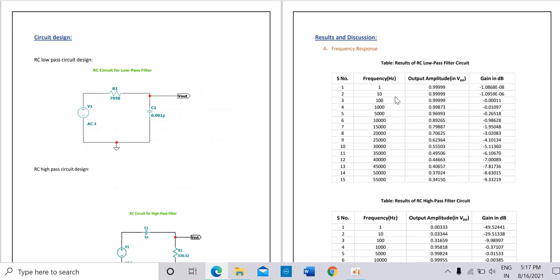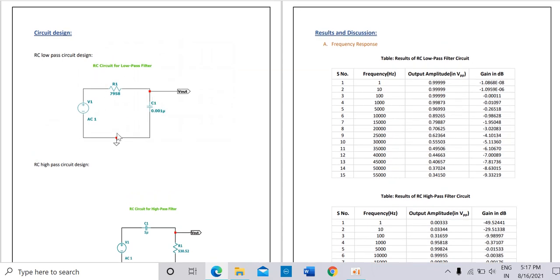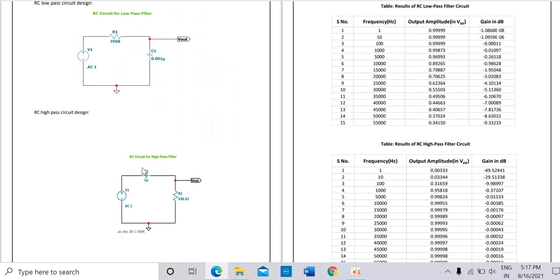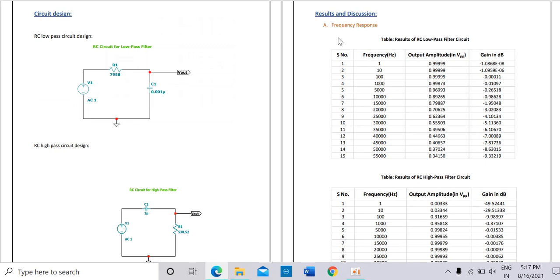This was the circuit diagram for the low pass RC filter, and this was the circuit diagram for the high pass RC filter. This is the table for the different parameters that we noted from the curve.